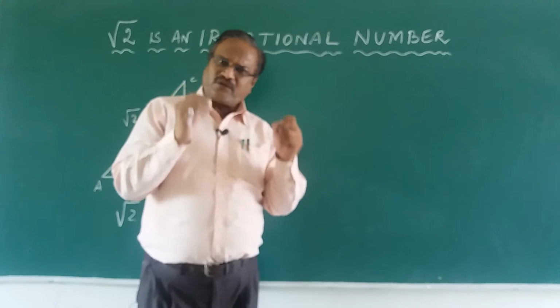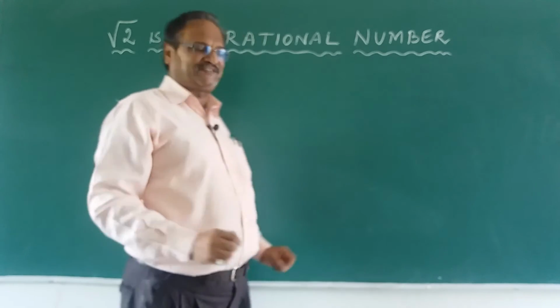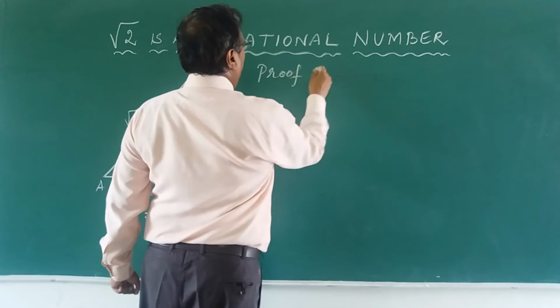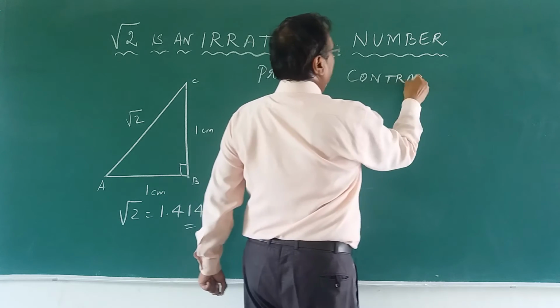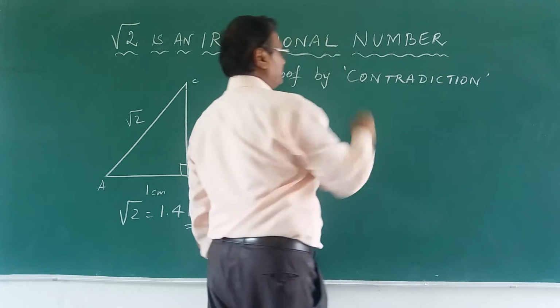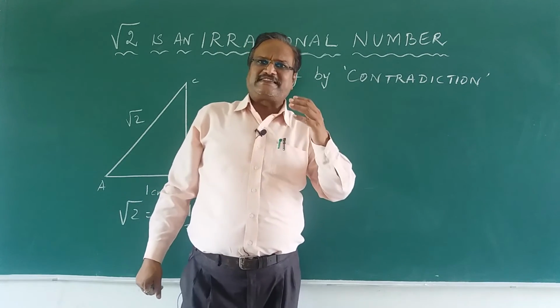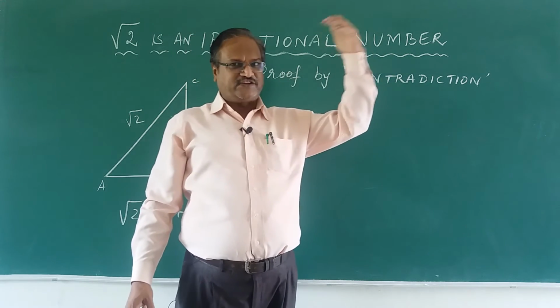We are going to prove it by the method of contradiction. This is called proof by contradiction. Now what do we mean by contradiction? See, we all know that the sun rises in the east.